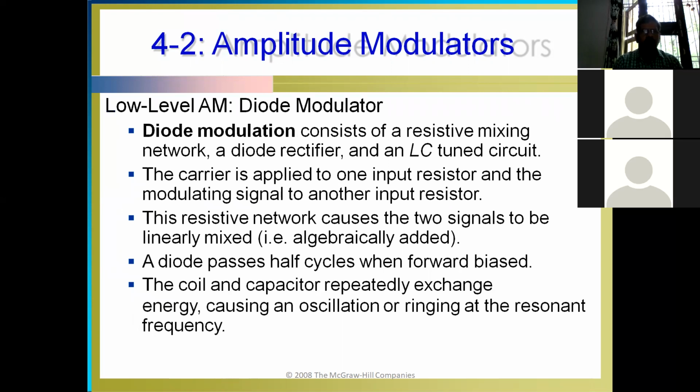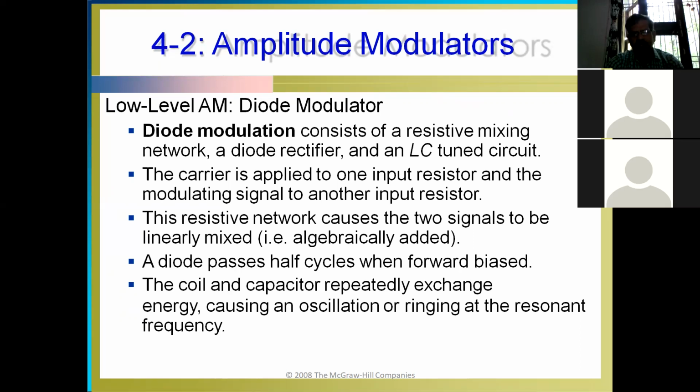The low level amplitude modulator is the diode modulator. A diode modulator consists of a resistive mixing network, a diode rectifier, and an LC tuned circuit. The diode acts as a rectifier and the LC circuit acts as a tuned circuit or tank circuit.